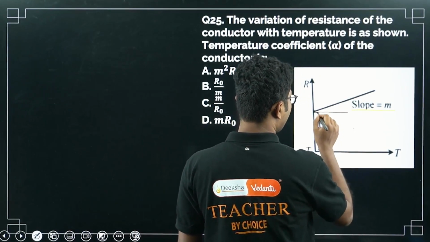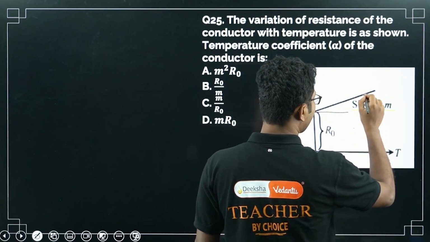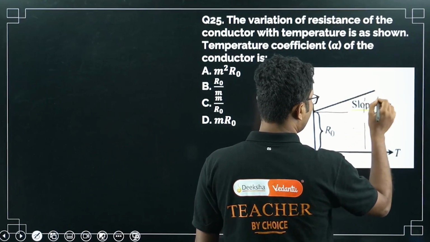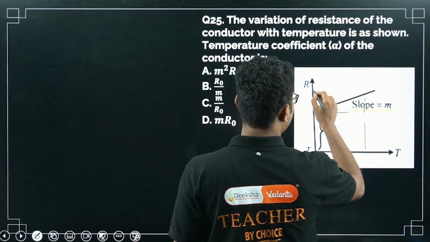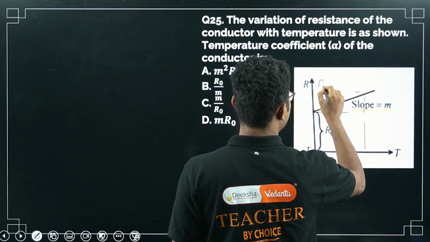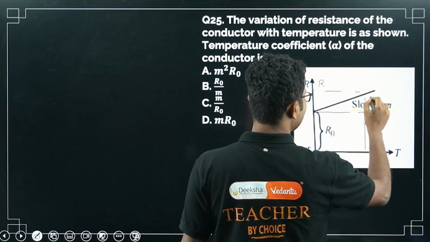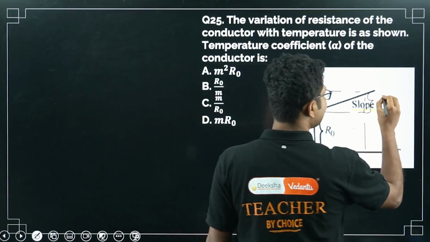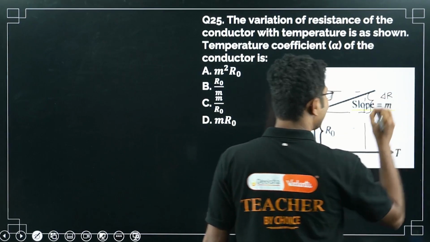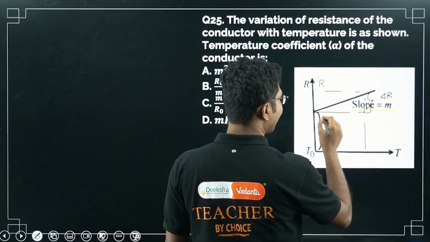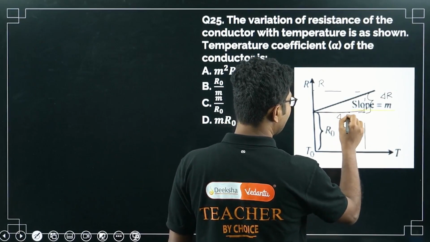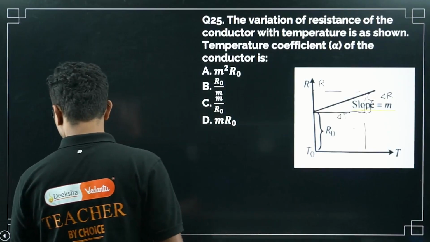This is R0. After some time, suppose its value is R. Then what is the change in the resistance? Change in the resistance is delta R, and the change in the temperature is delta T. Then what is slope?